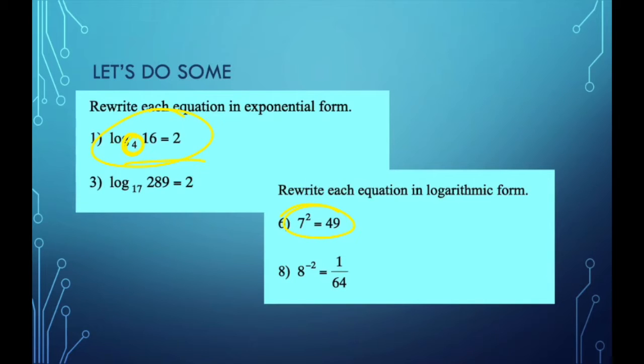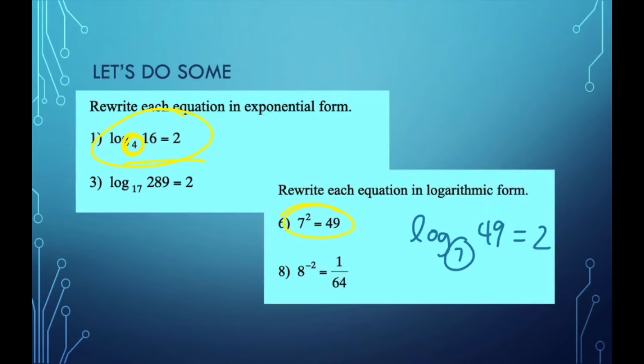When we name this, this is called the base and the exponent. 7 is the base. So this is log base 7. The 2 is the exponent which goes outside, and 49 goes here. We can check it by saying 7 to the 2 equals 49, and that is true.